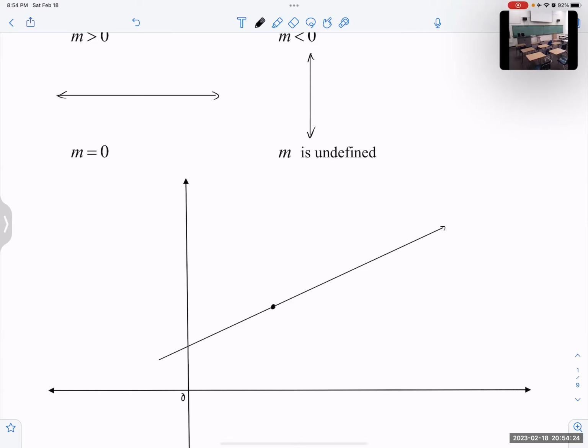Let P1 and P2 be 2 points on the line where first point P1 has coordinates x subscript 1 and y coordinate y sub 1, and a second point P2 has x and y coordinates x subscript 2 and y sub 2.